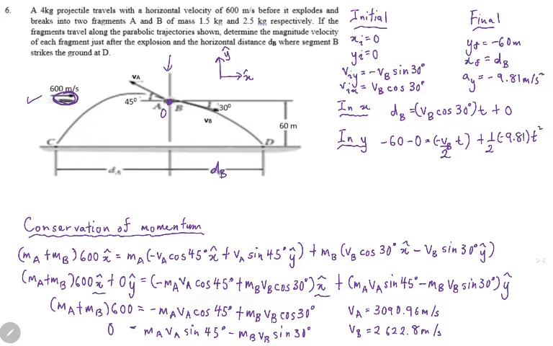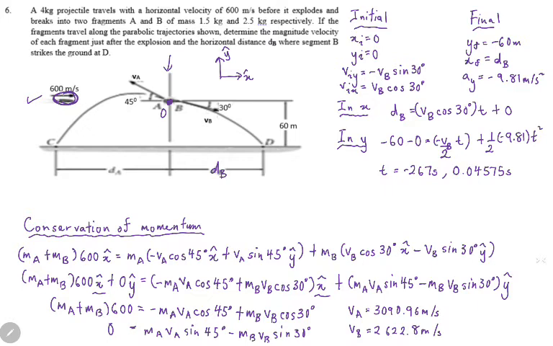Okay, I have solved for the value of t, and we actually get two values of t, one being negative 267 seconds and the other being positive 0.04575 seconds.